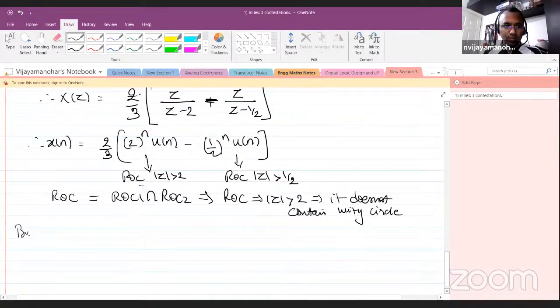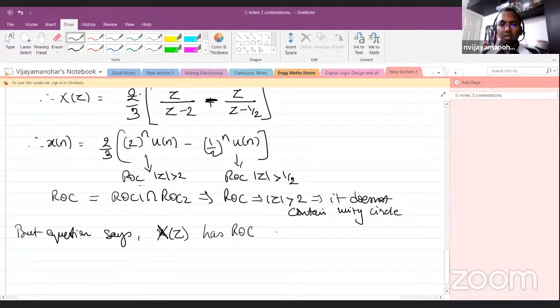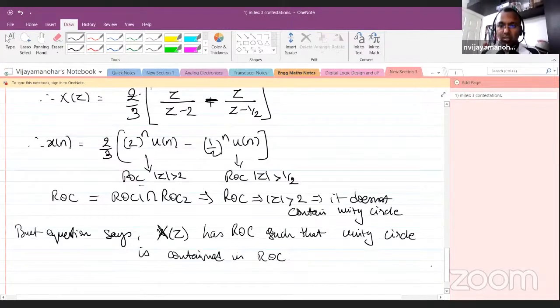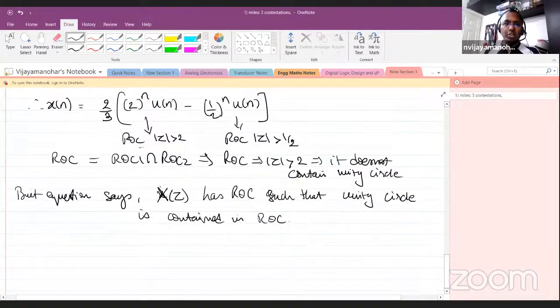But the question says x of z has an ROC such that the unity circle is contained in the ROC. That means what it should be?